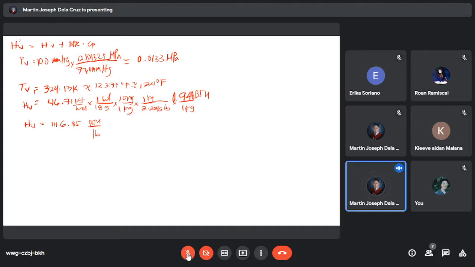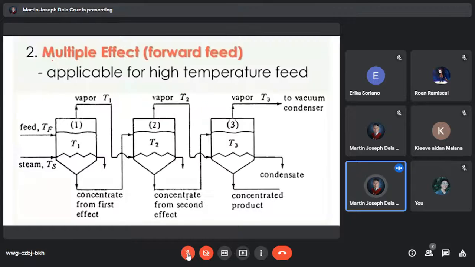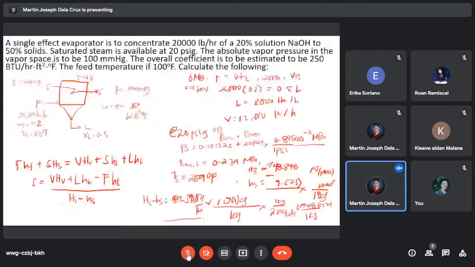Okay? So we have now your HV is 1116.85 and then your temperature of evaporator is 124 degrees Fahrenheit. So to get your new temperature, dito na tayo mag-boiling point rise class. Okay?